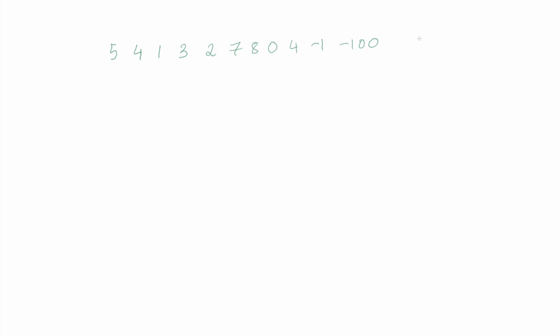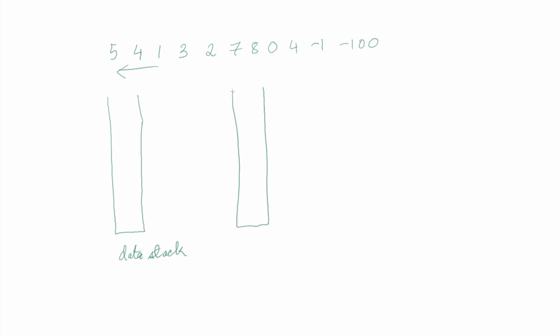So let's say that we have this. The idea with the stack was that the numbers are coming in this sequence. Right? We maintain two stacks, the data stack, and we maintain another stack. Let's call it a MinStack.